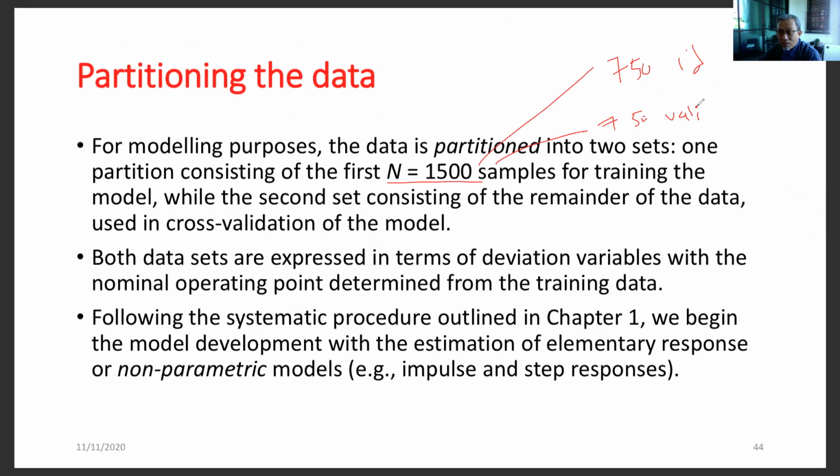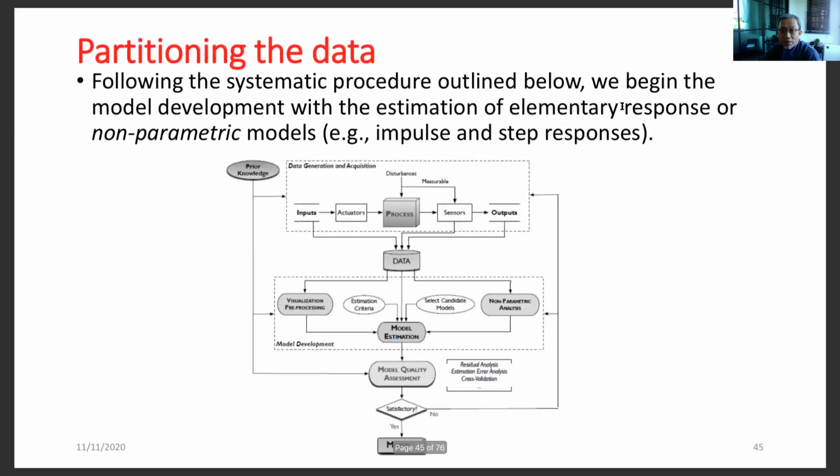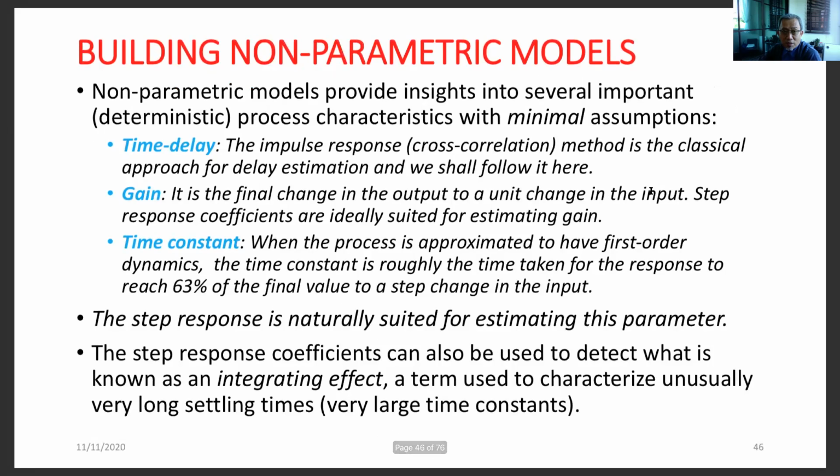Okay, so you cannot use all of it for ID, so you have to divide it in two. And then you follow the procedure of the system ID by partitioning the data. Divide by 2, as I said earlier. So for non-parametric models, when we build up non-parametric models, there are several important characteristics that we have to consider.